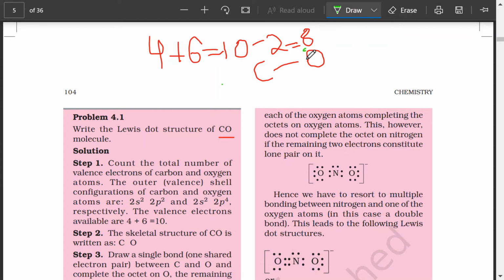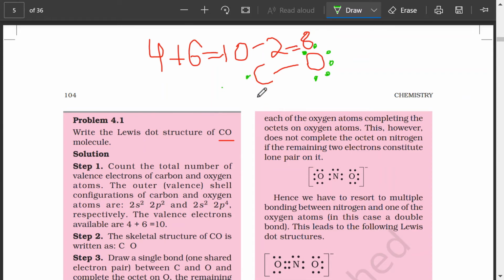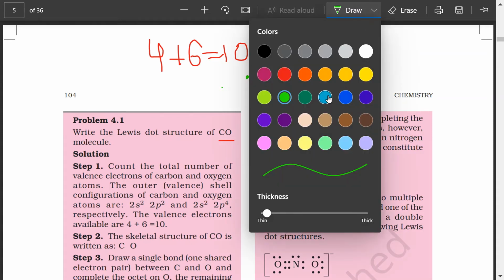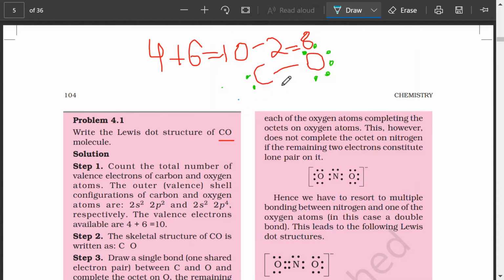So we can make 1 2 3 4 5 6 and 7 8 as lone pairs. We can give them to carbon, but even after giving them to carbon, the bond is not stable. So what we can do is form a double bond.